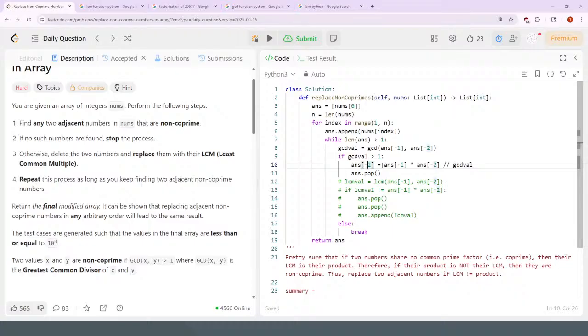So appends the last value. Answer appends the value. Then, well, it can be combined. Try to combine.